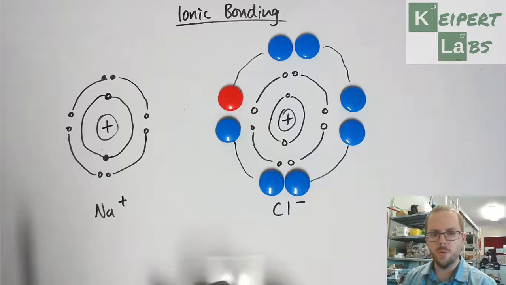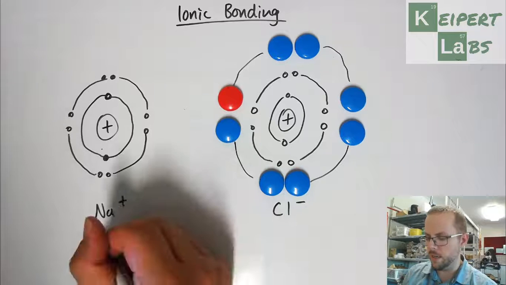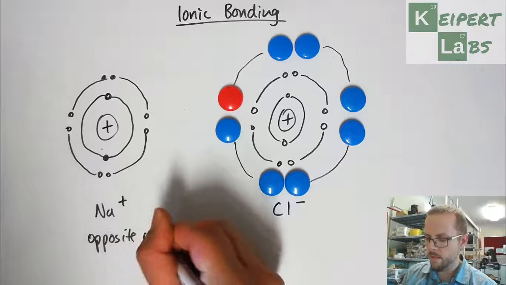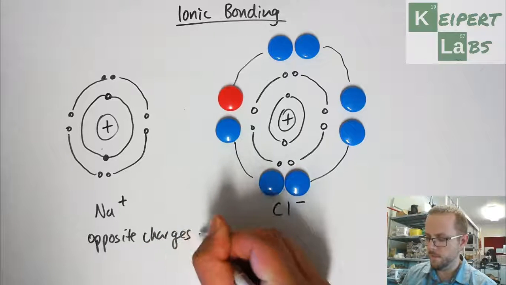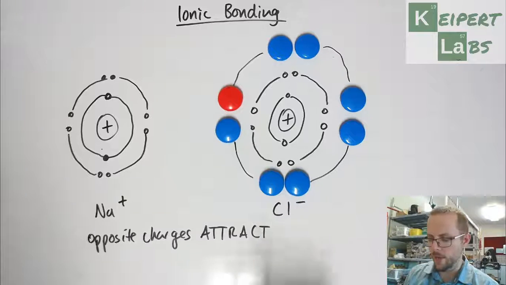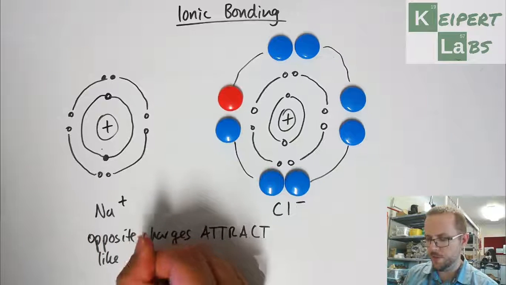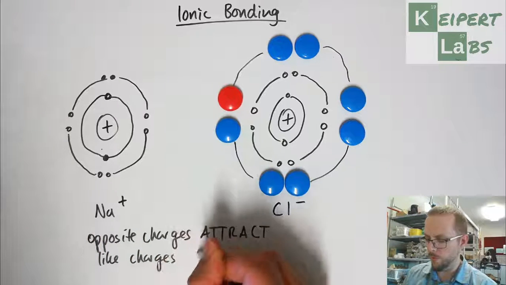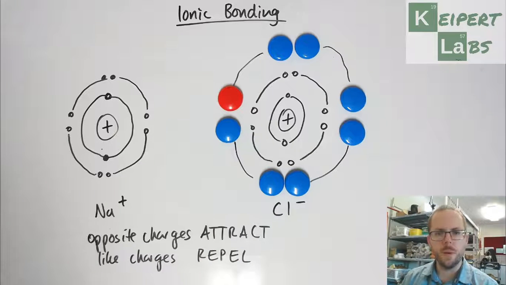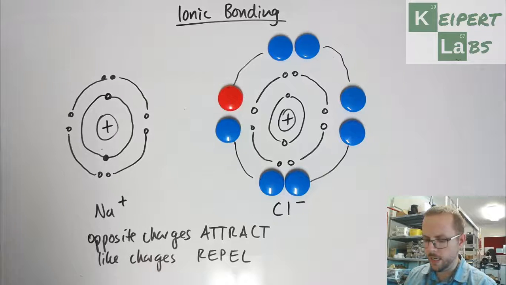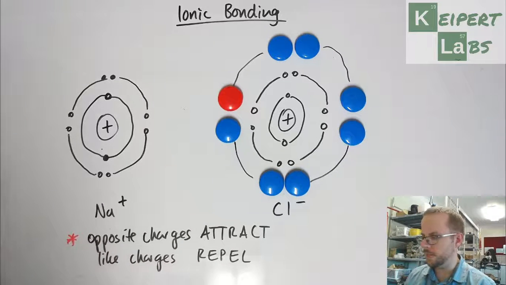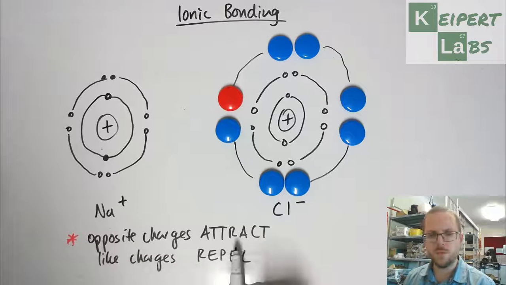Now what we know from science that you've looked at in the past is that opposite charges attract, and like or same charges repel. The phenomenon we're particularly caring about here is the first one: when we have things with opposite electric charges, they attract one another.